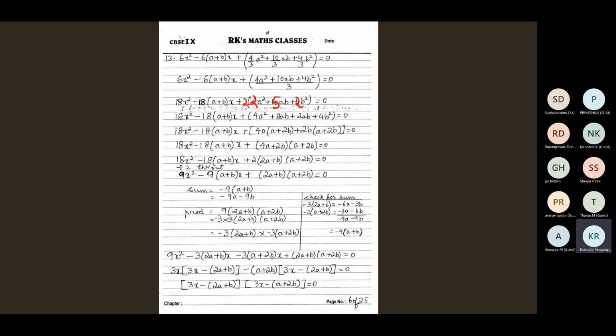So you can divide by 2 throughout and make this 9x square, 9 a plus b of x, and this will be 2a square plus 5ab plus 2b square. You can take out 2 common here and divide by 2 throughout. I forgot, so I've done it in the end. You can do it at this stage itself. That's what I've written here. I forgot to divide by 2.